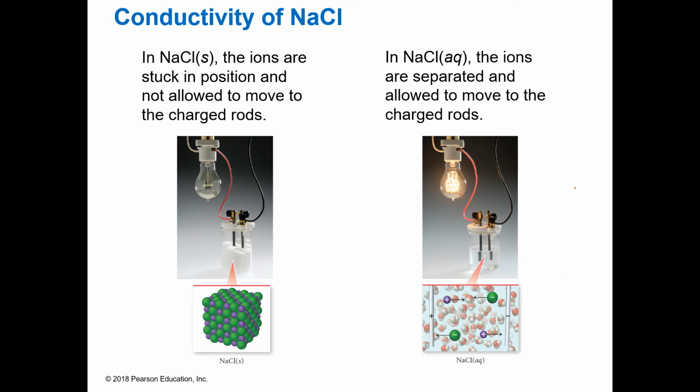All right. So keeping the talk about ions, let's talk real quick about conductivity. So ions actually can conduct electricity. And what I mean by this is, sodium chloride is made up of a sodium ion and a chloride ion.